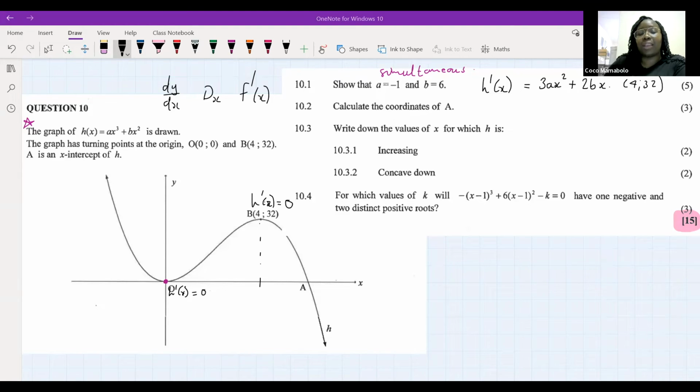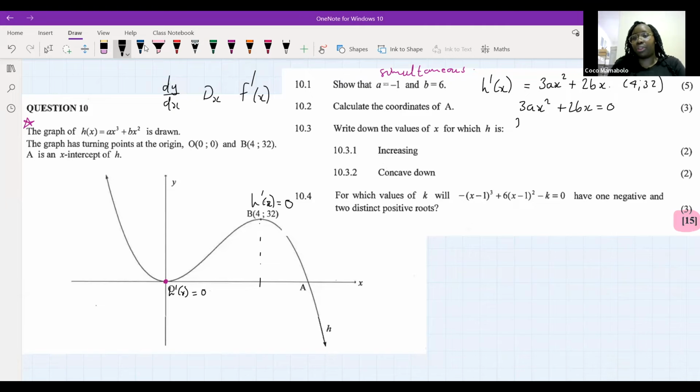So at the point x = 4, the derivative is equal to 0. So we're going to take 3ax squared plus 2bx is equal to 0. And then at that point, we're going to use the fact that the x value at that point is 4. So we're going to substitute in here x as 4.